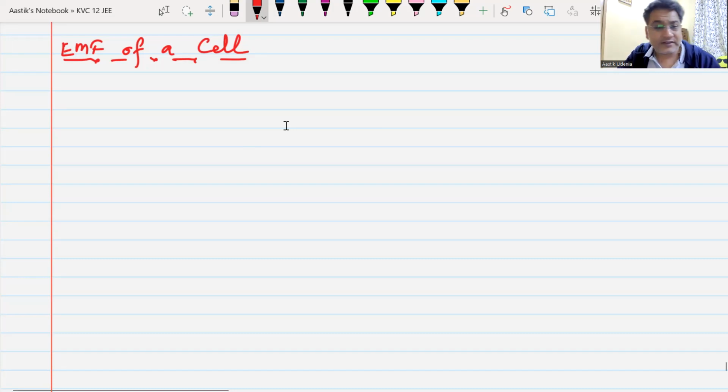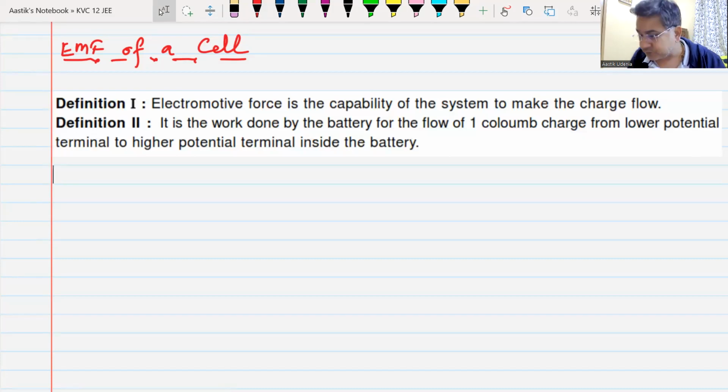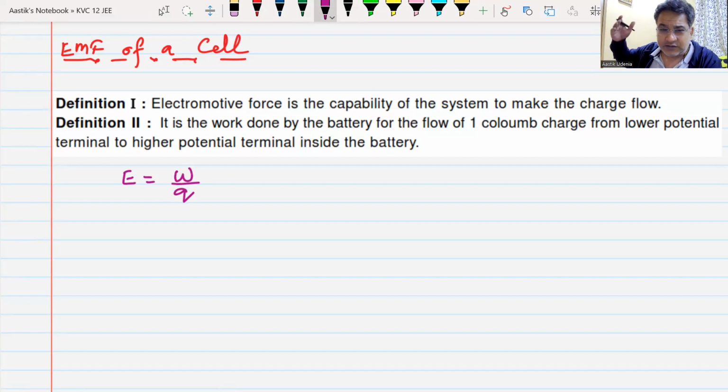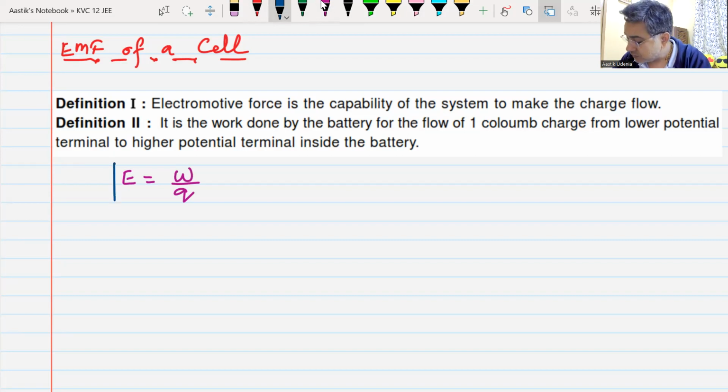EMF of a battery or a cell is the work done per unit charge in moving a positive charge from the positive terminal towards the negative terminal inside the battery. Do we understand this? Everyone remembers it? Yes, sir.